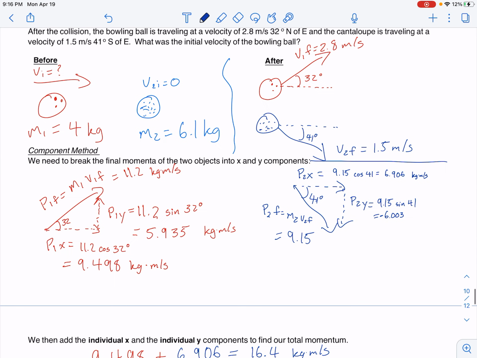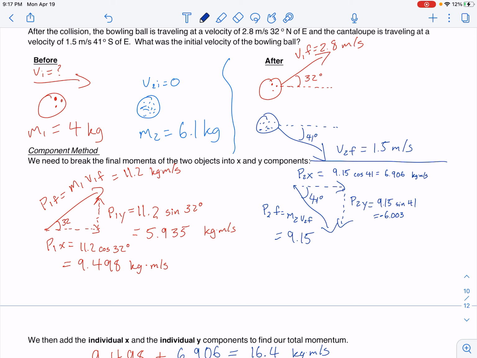The momentums in the y direction really should cancel out, because initially the bowling ball is only moving in the x direction, so the y momentum initially is 0.